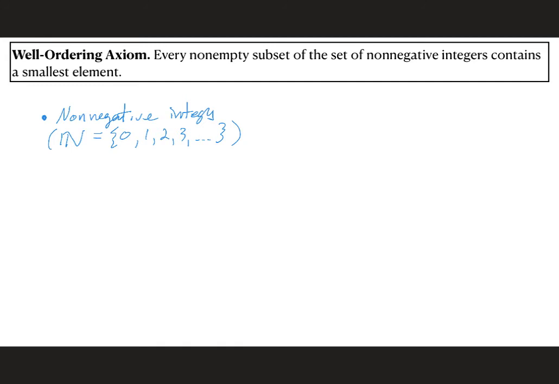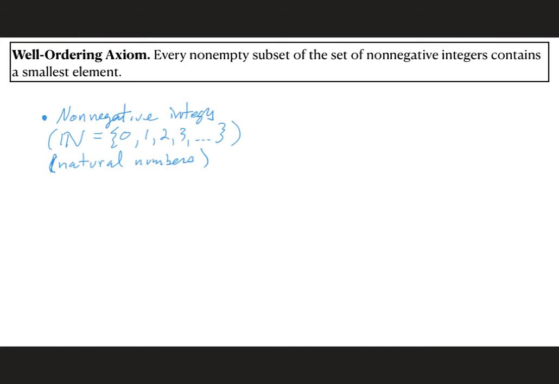These guys can also be called the natural numbers. Just making a few notes here about them. Some places you look will not include 0 in the natural numbers and others will. This textbook does, and so we'll do that. So non-negative integers and natural numbers are the same thing in this book and through this course.